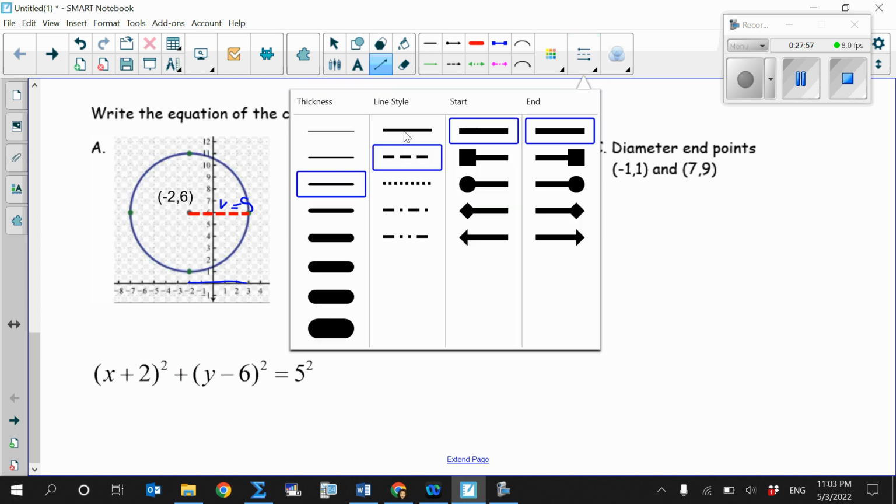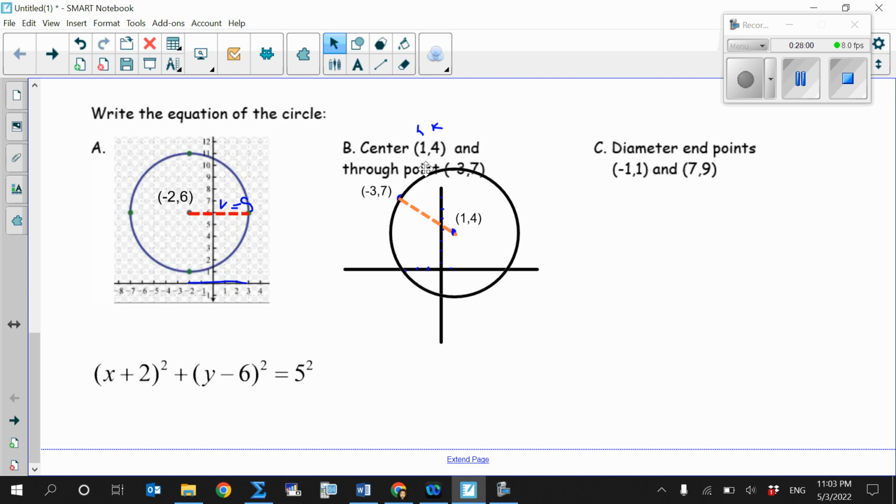You can look at the circle and the coordinates of these points.